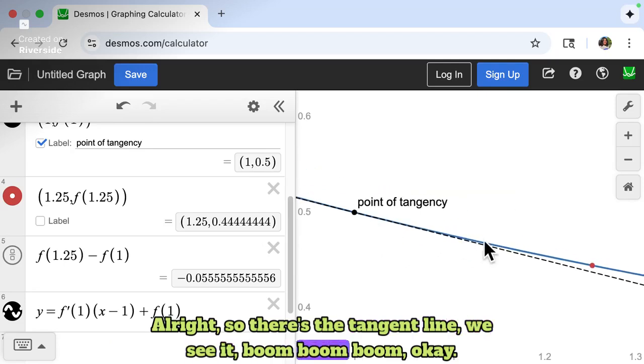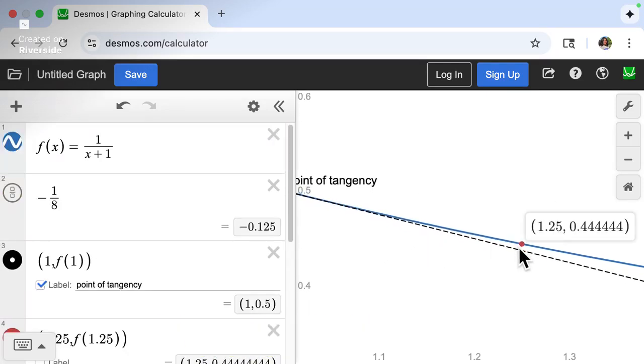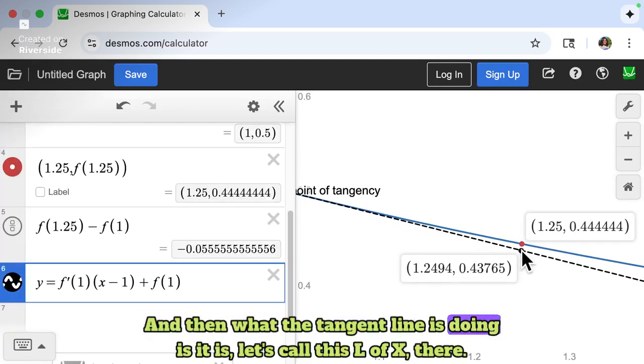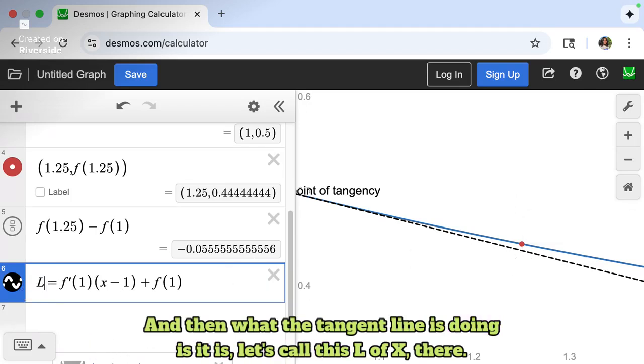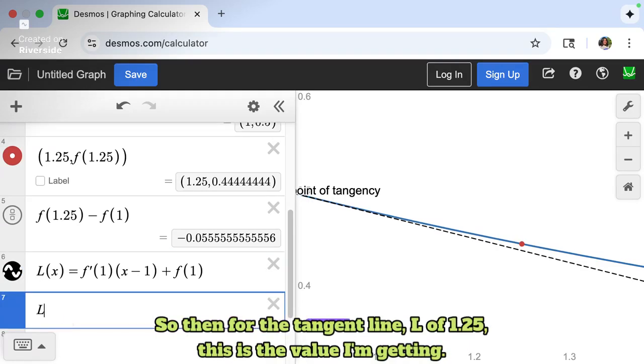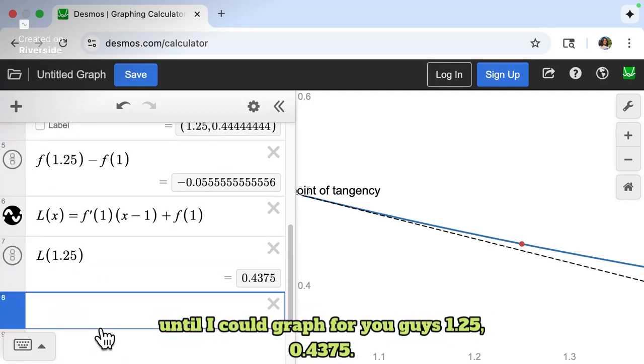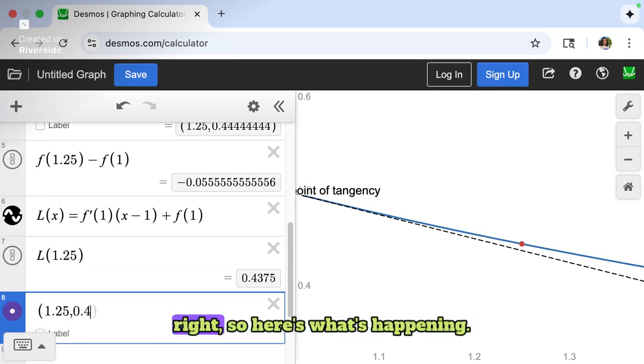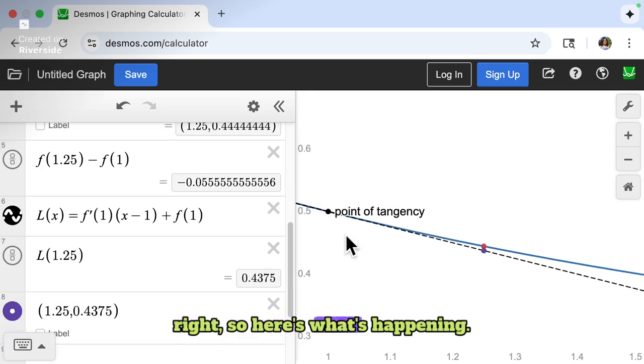And then what the tangent line is doing is, let's call this L of x there. So for the tangent line, L of 1.25, this is the value I'm getting. And so I could graph for you guys 1.25 comma 0.4375.